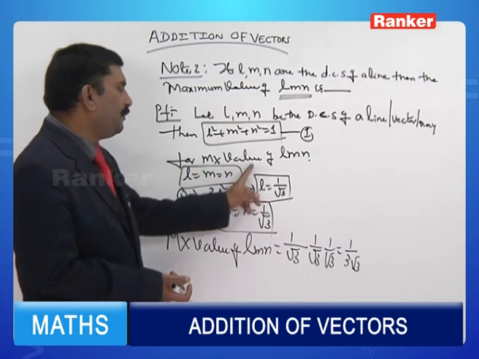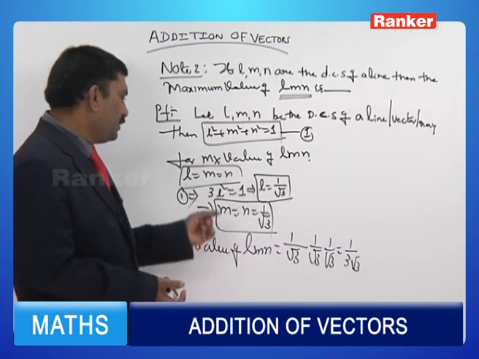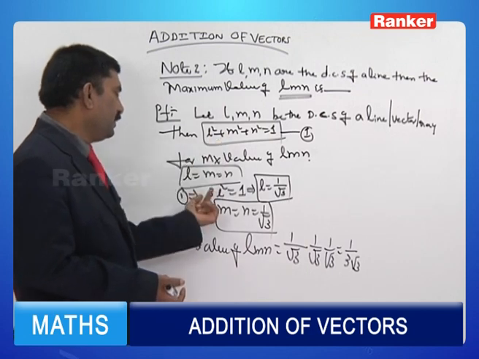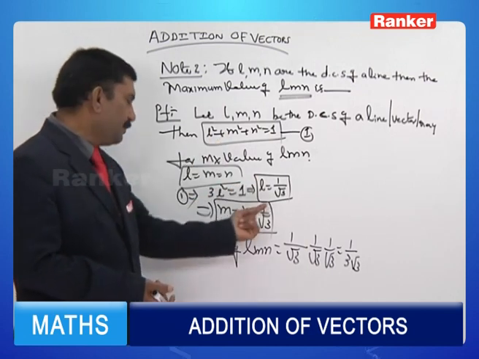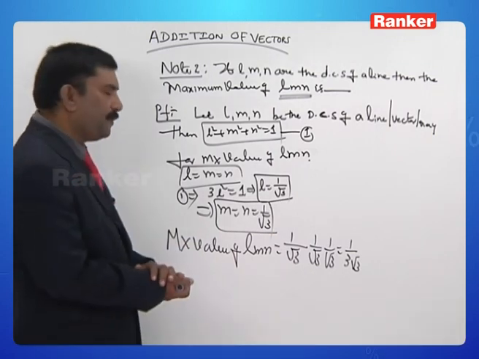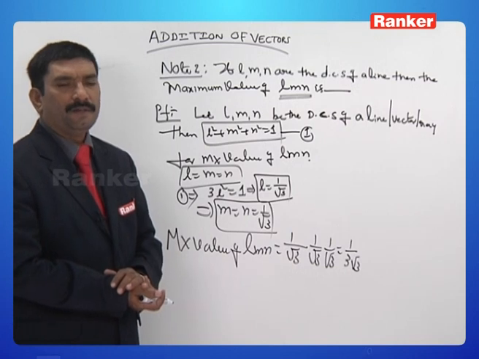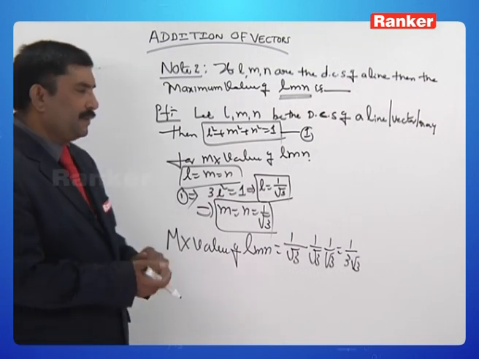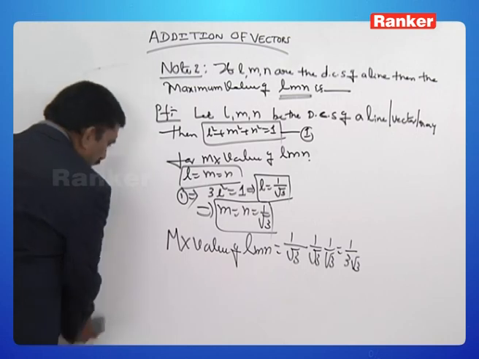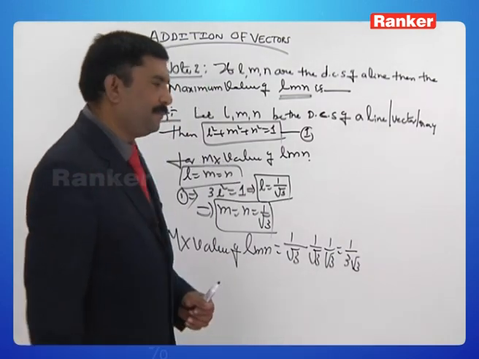Now, for the maximum value of LMN, L must be equal to M equal to N. Substitute these values in 1: 3L square is equal to 1, L is equal to 1 by root 3. Similarly, M is equal to N is equal to 1 by root 3. Therefore, the maximum value of LMN is 1 by 3 root 3. Right. Now we shall have the application of direction cosines for the third one.